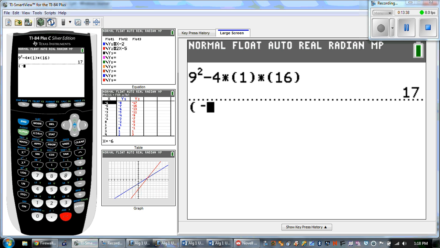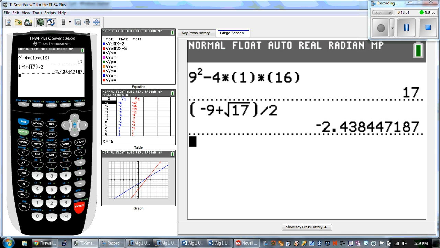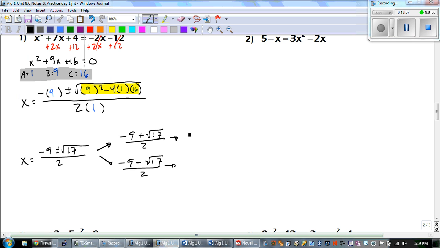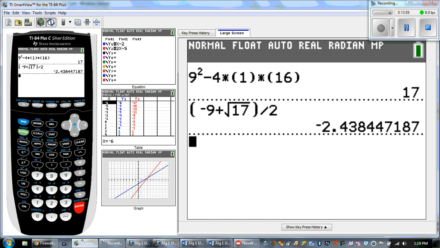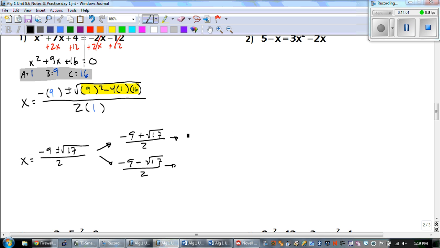So in parentheses, negative 9 plus the square root of 17, divided by 2. And so we get negative 2.44, rounded. Which one is that? That's the plus, right? Okay. So negative 2.44.